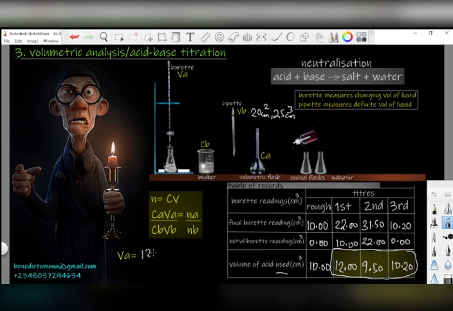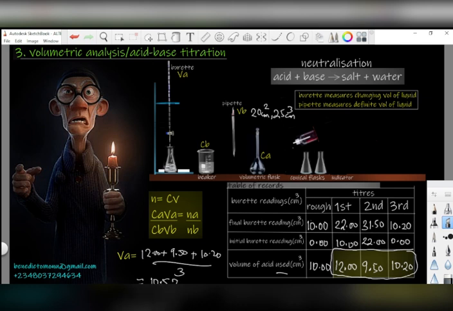So here I'm going to have 12.00 plus 9.50 plus 10.20, all over 3. Let me do the math: 12 plus 9.5 plus 10.2, all divided by 3, gives me 10.57. 10.57 cm cubed becomes the average volume of the acid that I used in my titration.